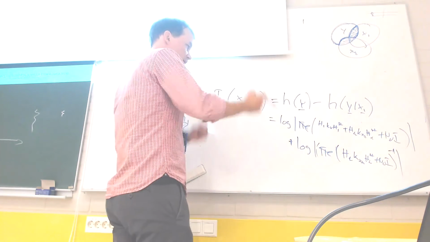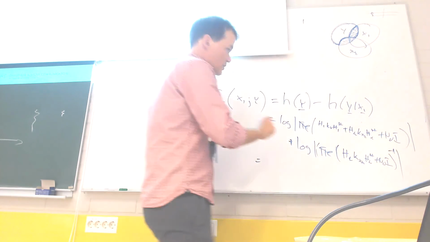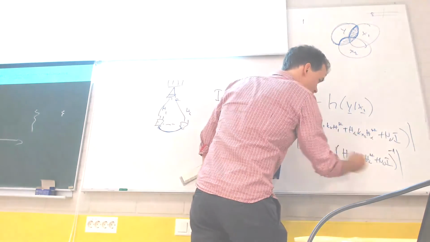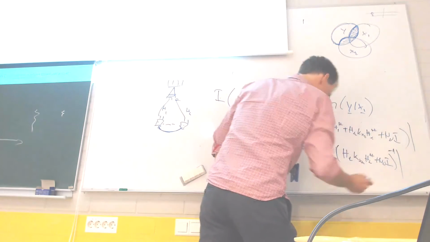And just multiply. So in the end, some of these terms cancel out. When we multiply this with this inverse, this is the identity matrix, right?